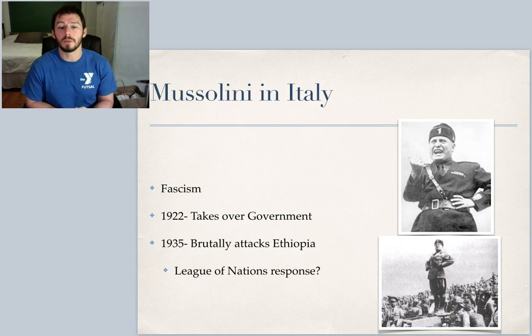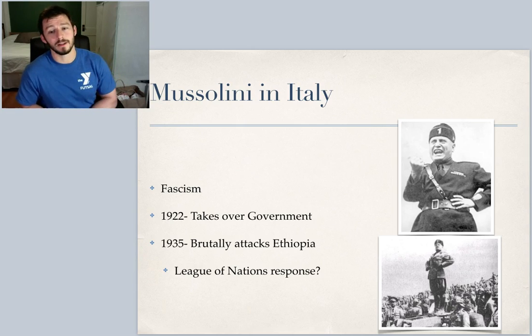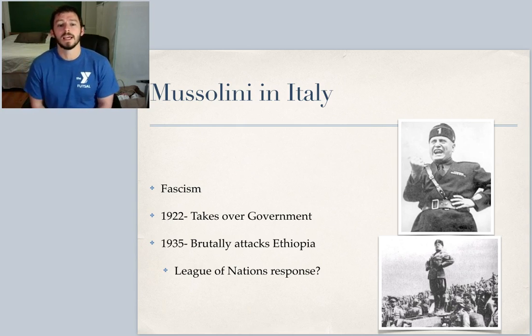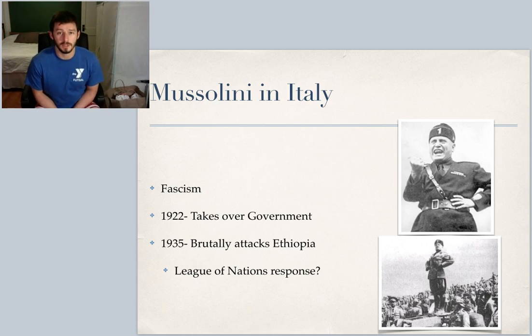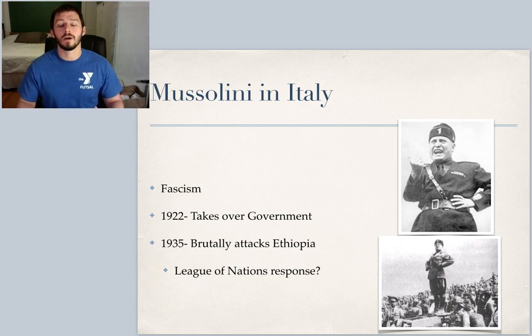So when he comes into power in 1922, he's going to start a huge program of militaristic expansion, spending more money on the military, reducing the unemployment rate, and fixing the economy that was very bad in Italy in the 1920s. His first big test is going to be Ethiopia. He wants to spread out the same way Hitler does, take more territory for Italy, get more raw materials.